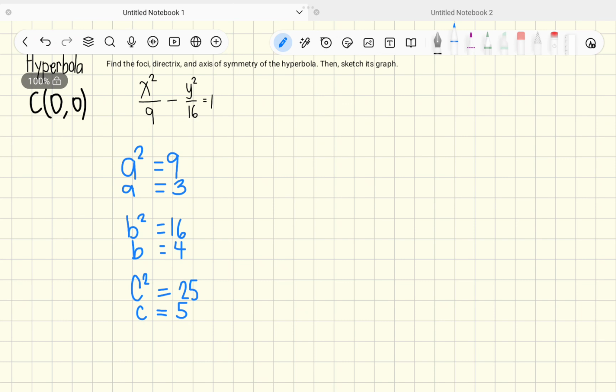Either positive or negative 5, because from the center we move left or right, since we have two curves. Alright, so now we have your foci.